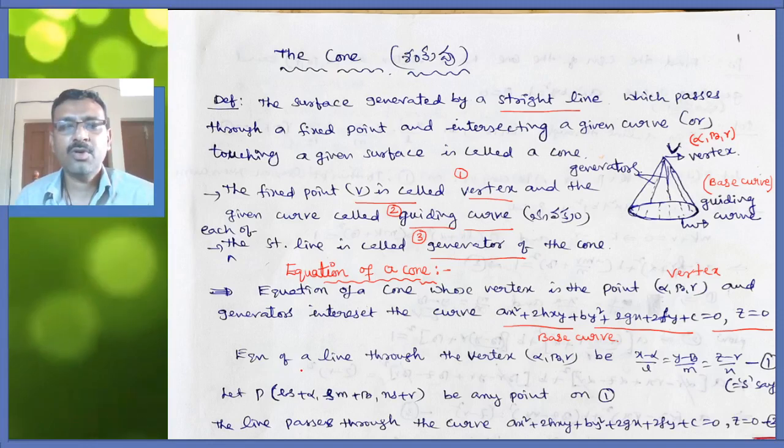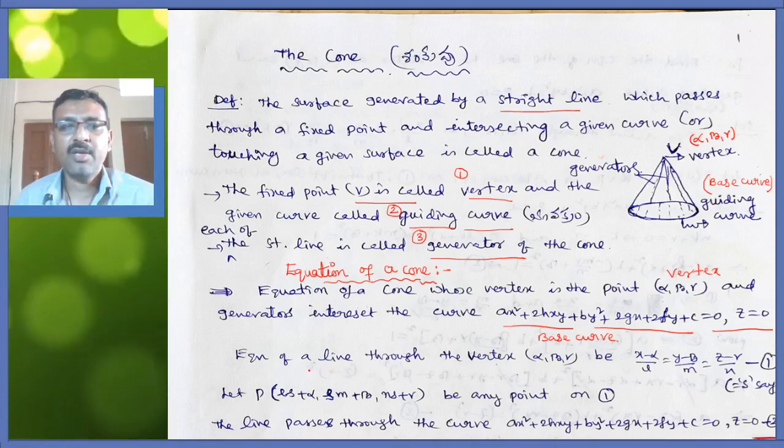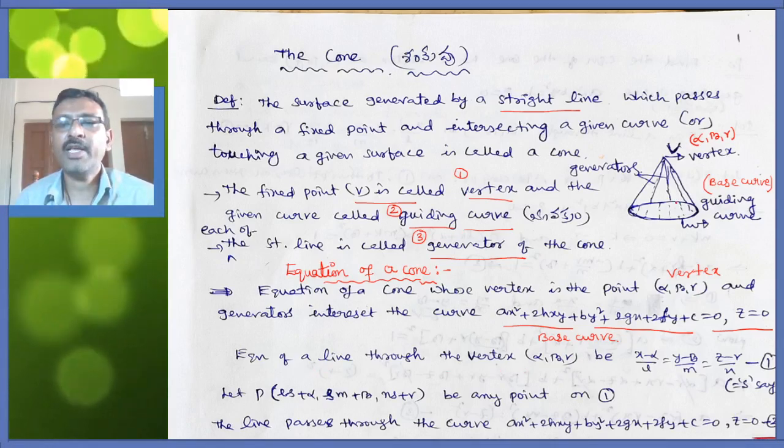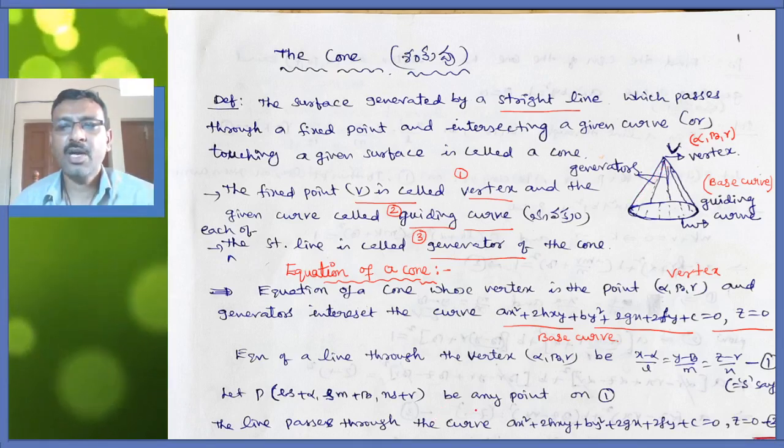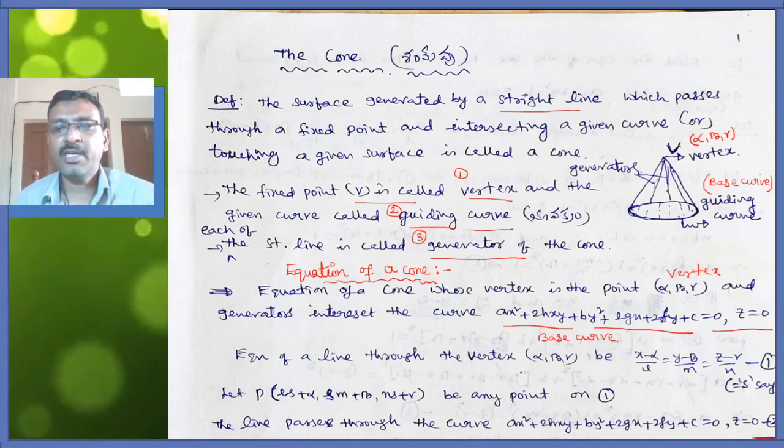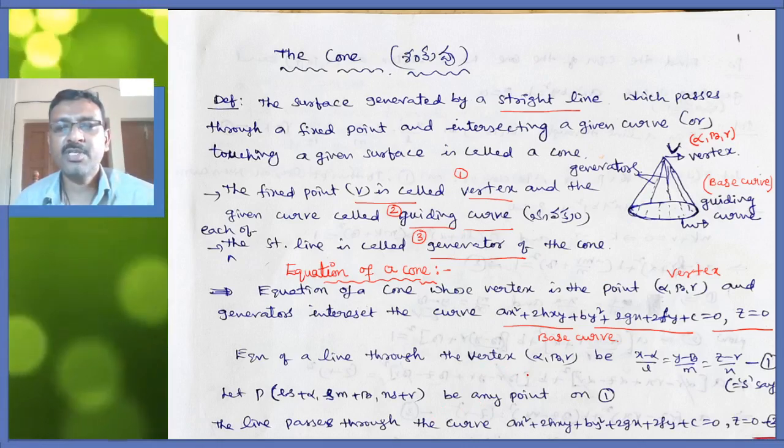So first we write the equation of a generator, the equation of a line through the vertex. The lines through the vertex are generally called generators. So I have written an equation of the line.